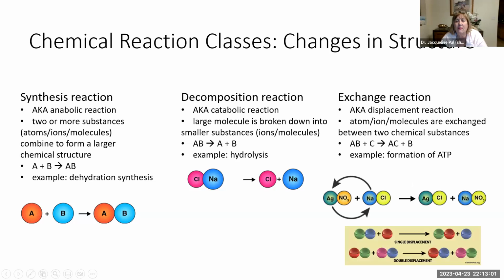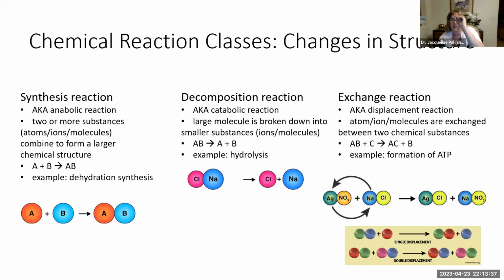All right, the third type are what are called exchange reactions, also known as displacement reactions. Here what's happening is we are exchanging substances. For instance, we could start with molecule AB and then a second molecule C, and basically we would switch the B with the C, so we would end up with AC and B. An example of this is when we form ATP, where we'll have an ADP and then we'll add in an inorganic phosphate, and then we can add that phosphate to the 2 other phosphates and end up with ATP.